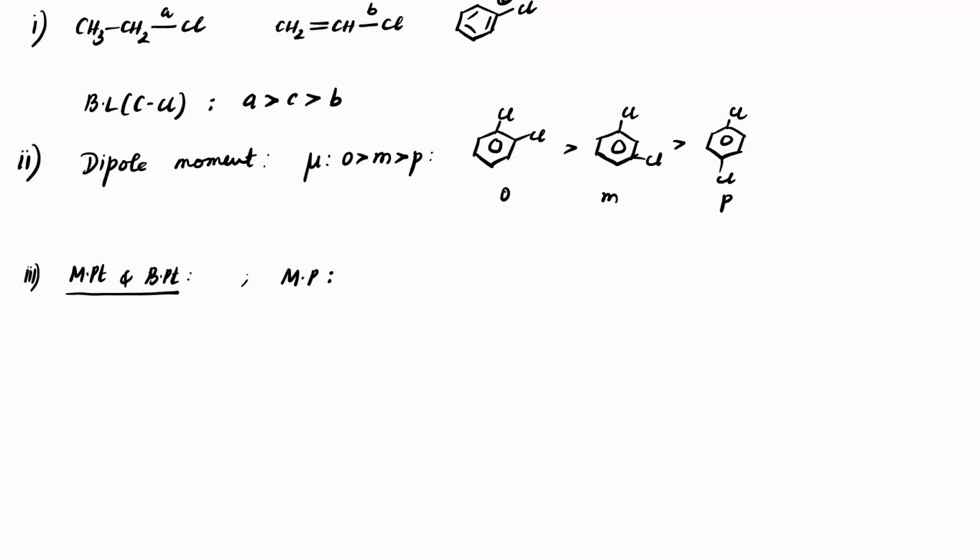So you will see para is greater than ortho is greater than meta. Between ortho and meta, it is the dipole moment which gives ortho a little bit of an edge. So this is all about the effective packing that para is giving. Clear. This is about melting point.